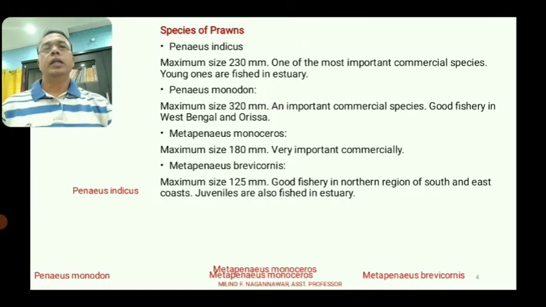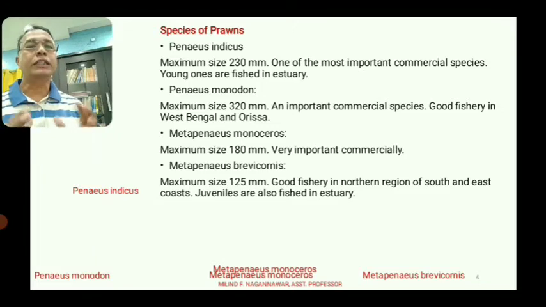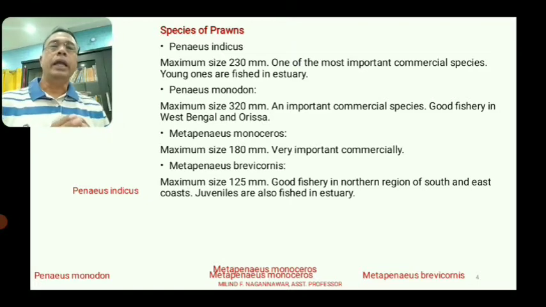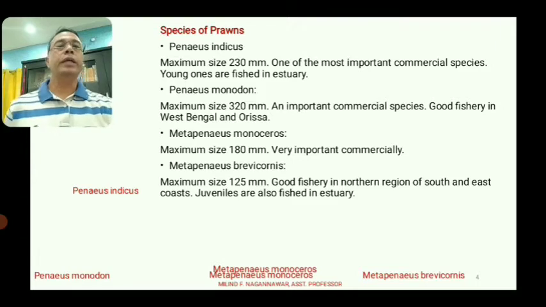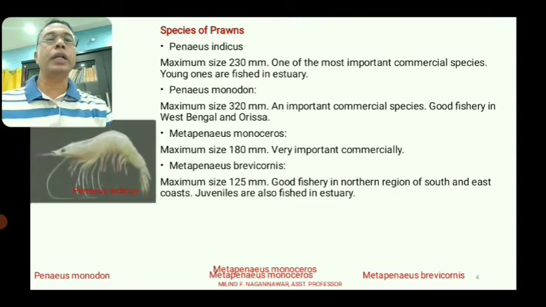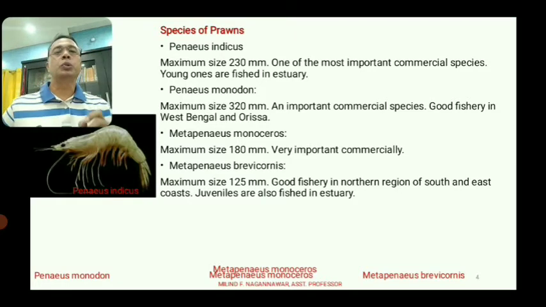Now these are the different species of shrimps and prawns, the marine forms, that is Penaeus indicus. Penaeus indicus is one of the most important commercial species, whose young ones are usually fished in the estuaries.